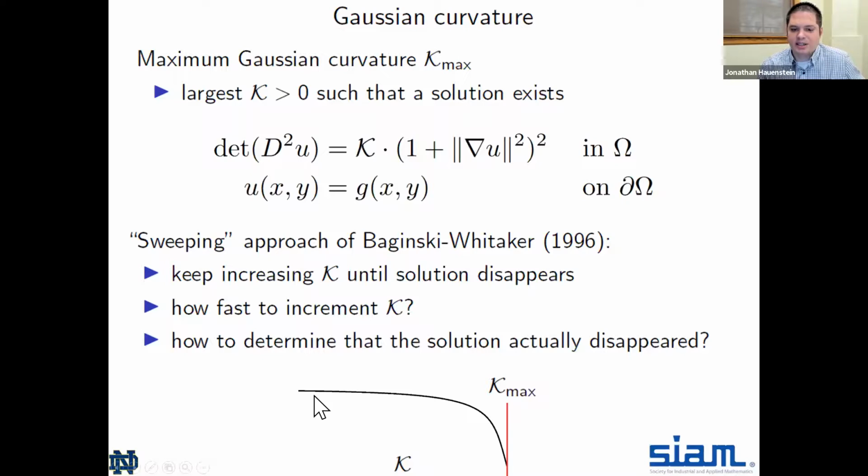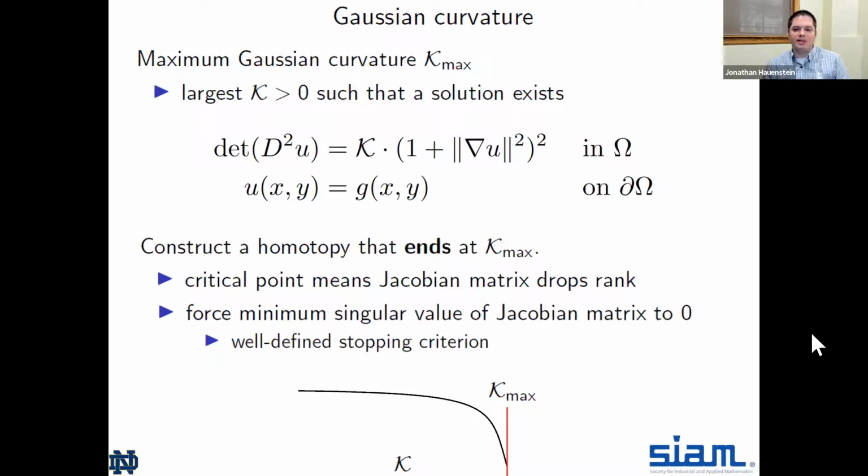So you see here, going back to Alicia's question, we don't have another one that we can force together to end at this point. All we have is a single point, and we want to push it to the maximum. And so what we want to do is construct a homotopy that ends at this unknown K max.